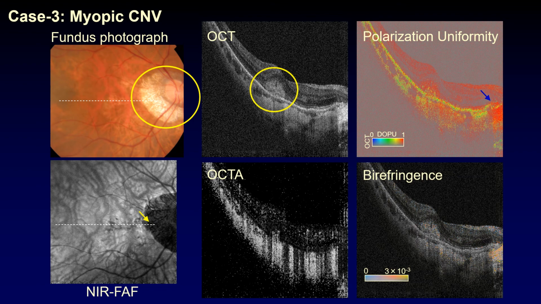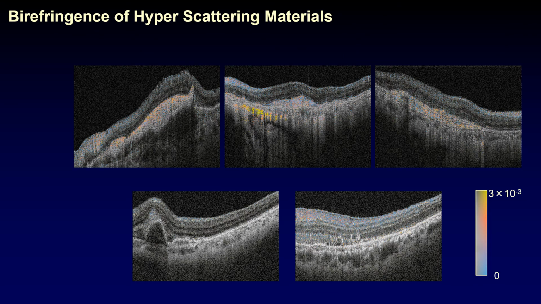Within this hyperscattering material, we see an abnormal blood flow. In the birefringence image, we can find this hyperscattering material exhibits high birefringence, and this might be the indicator of fibrosis.